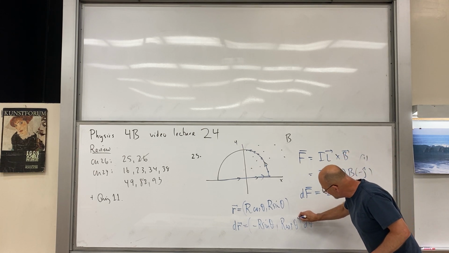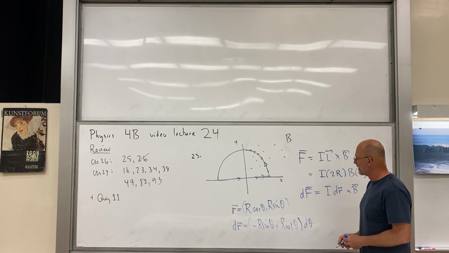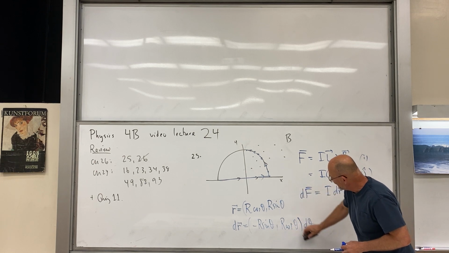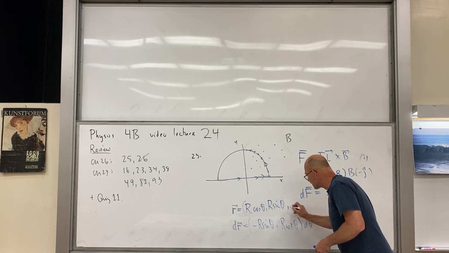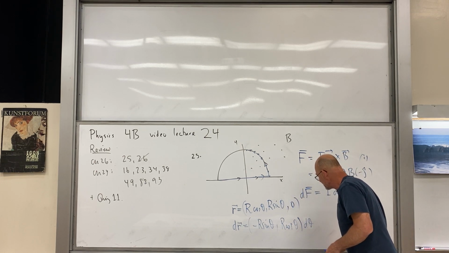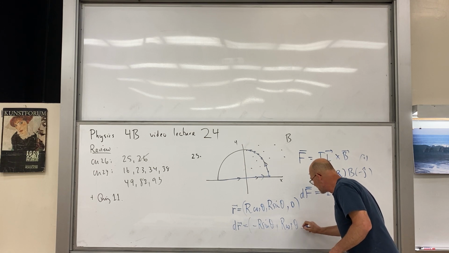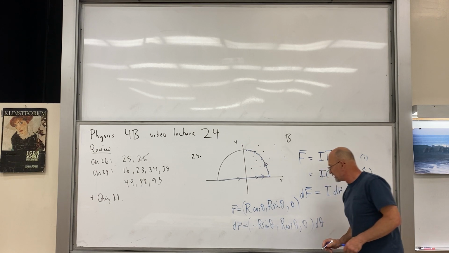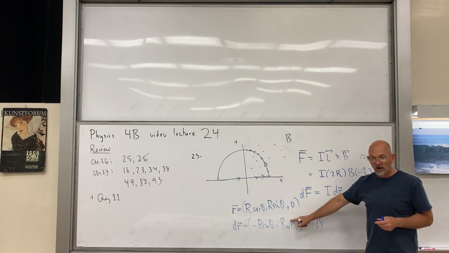And this ordered pair, actually, we need 3 space to do this properly, so we'll just put 0 for the z component, d theta. So that is a dr vector.